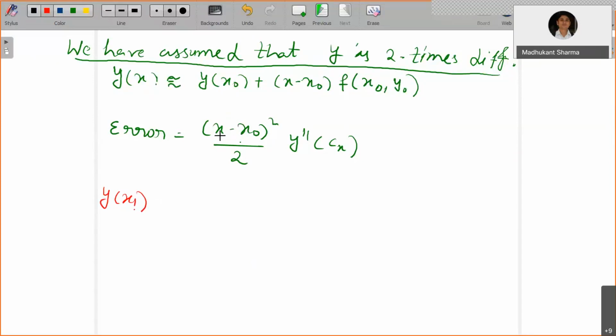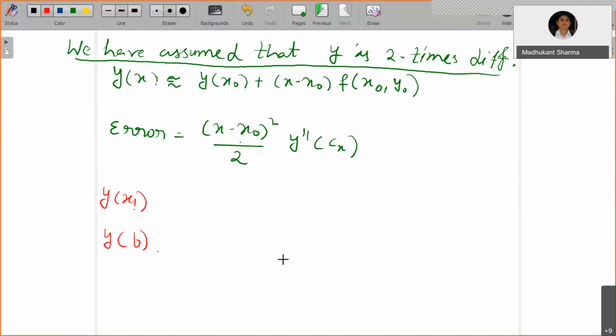So if x1 is very close to x naught, the error will also be small. But our agenda is not to find the value at x1. Our agenda is to find the value of y at b.